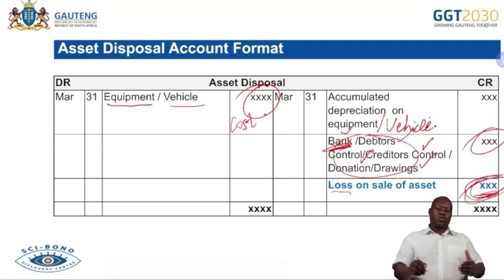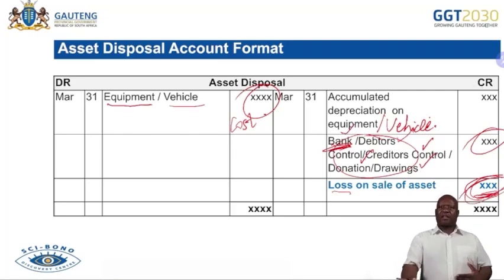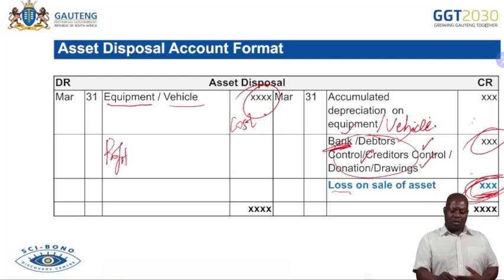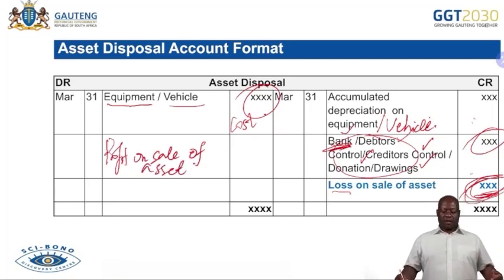But sometimes when you total accumulated depreciation plus the method of payment, it gives you more than the cost of the asset. In that case, we are going to have a profit on sale of the asset. So it depends on the question.